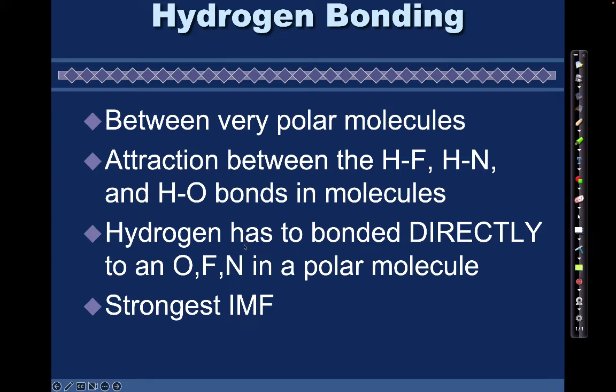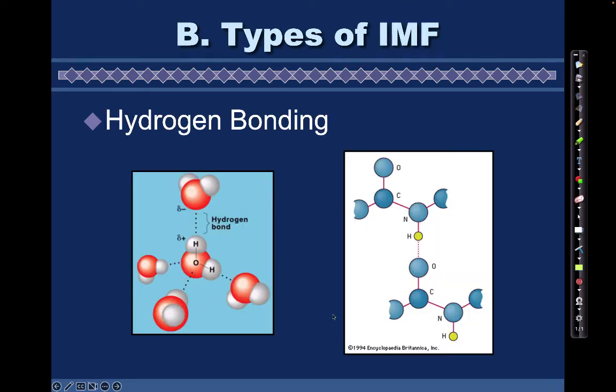And then you've got something with a very small nucleus, so you've only got one proton. Because of that bond, that creates a lot of polarity. Those electronegative atoms are able to pull the electrons much more strongly than the hydrogen can. So it's one of the strongest IMFs that we have. There is something stronger though.